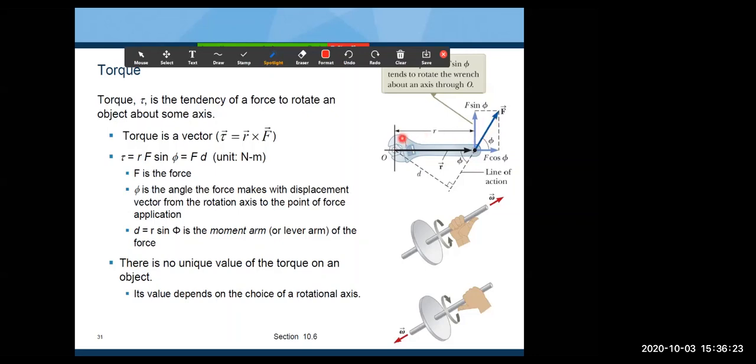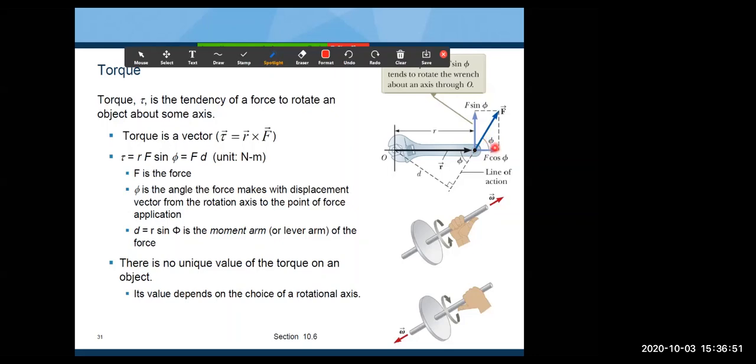Secondly, it is proportional to the distance from the axis of rotation to where the force is applied, so the distance r. Finally, it is related to the angle between the force and the r vector, the angle phi here.